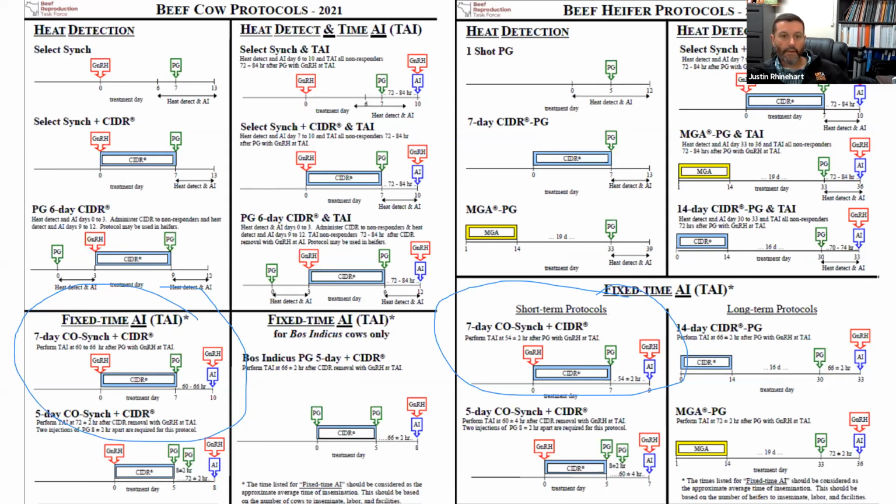So, and maybe back up and even just talk about why we use AI in cows, realizing that a lot of you on this series are relatively new or brand new to cattle production. The reason we use artificial insemination, the reason it even began as a thing in cattle production, is because you can access genetics from bulls that you wouldn't normally be able to access.